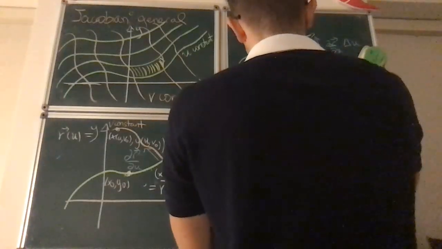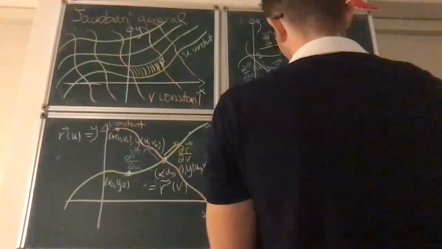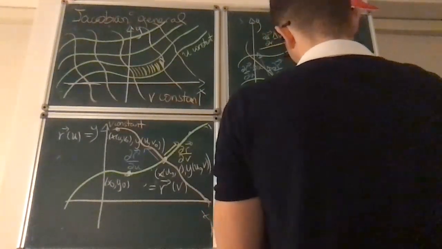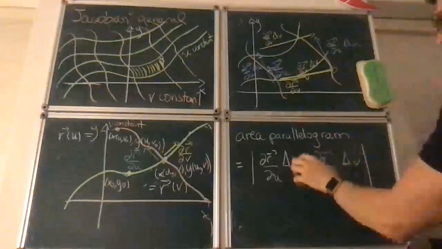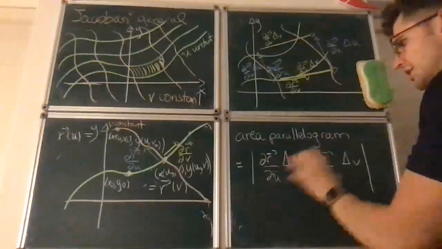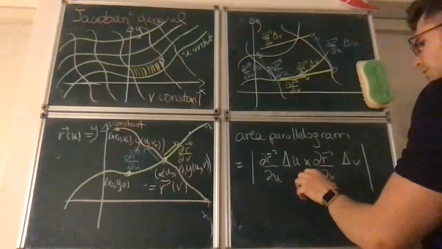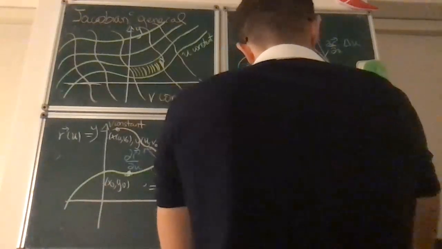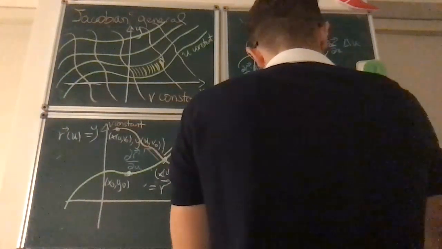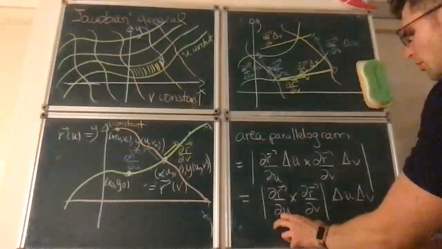Since it's a norm, it doesn't matter in which order you take them. But now, this delta u, delta v, they're scalars, they're just numbers. You can take scalars outside a norm or a cross product. So really, you get this. And this quantity is what people call the Jacobian.